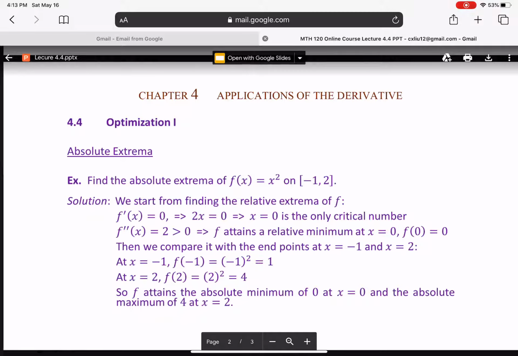So both are higher than the minimum, obviously, but the absolute maximum will occur at x equal to 2. So f attains the absolute minimum of 0 at x equal to 0, and the absolute maximum of 4 at x equal to 2.